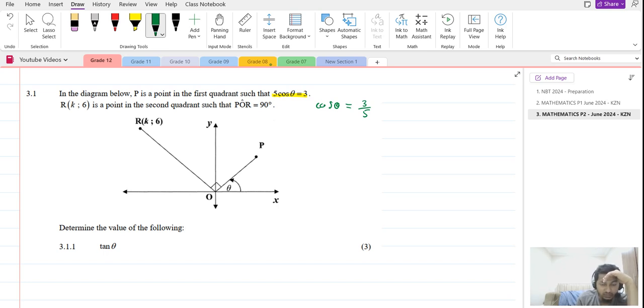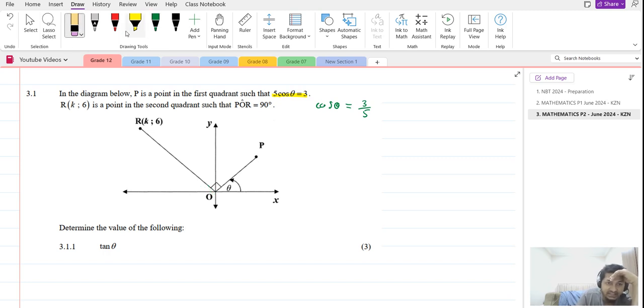Right, so how are we going to solve that? Remember, this angle here is 90 minus theta, because we are only left with angles on a straight line. Okay, so that's 90 minus theta. We're trying to understand the diagram.